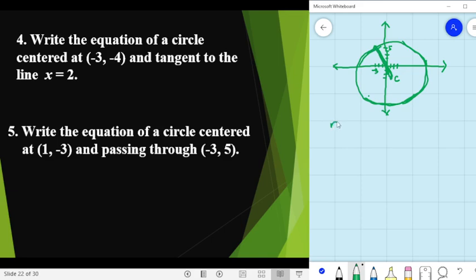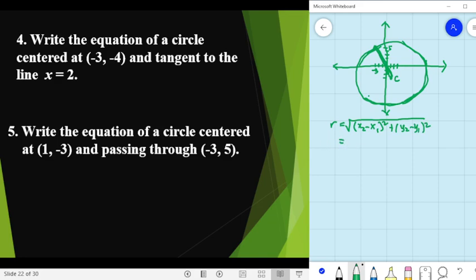So the formula for getting the radius is the distance formula: the square root of quantity x sub 2 minus x sub 1 squared plus quantity y sub 2 minus y sub 1 squared.